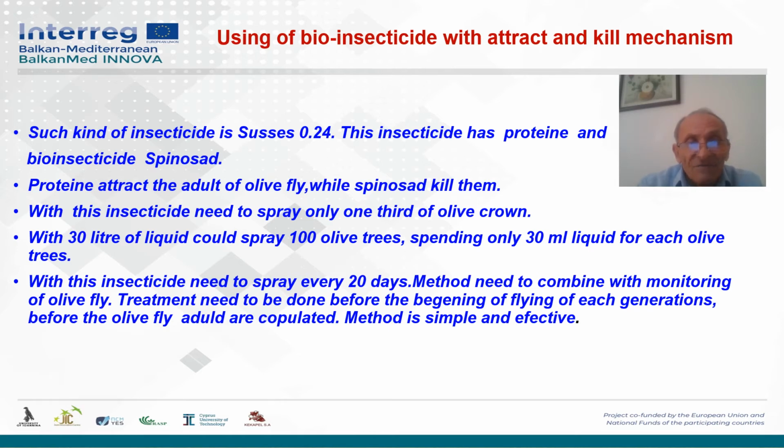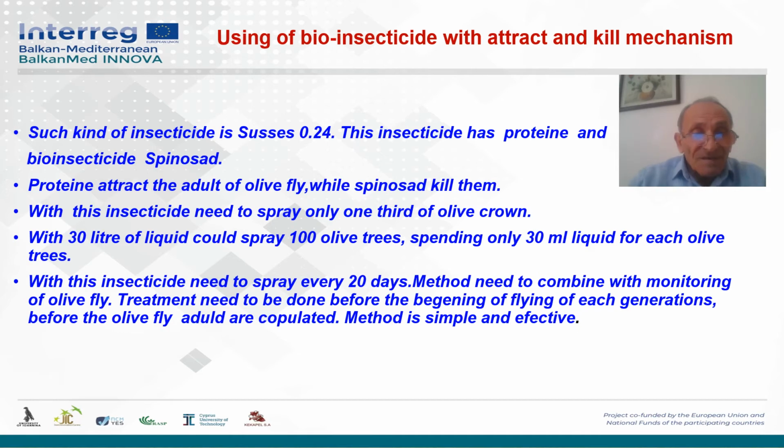Protein attracts the adults of olive fly, while the spinosad kills them. With this insecticide, you need to spray only 1/3 of the olive crown. With 30 liters of liquid, you could spray 100 olive trees, spending only 30 milliliters of liquid on each olive tree.